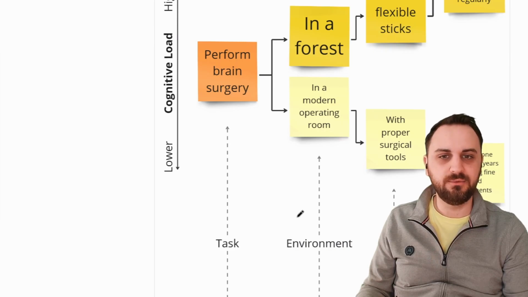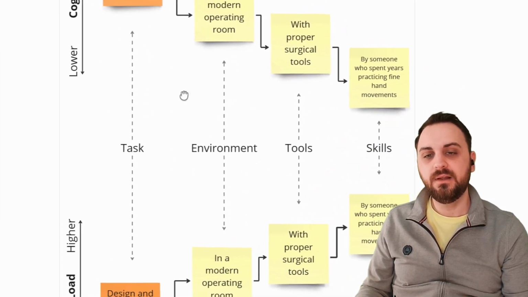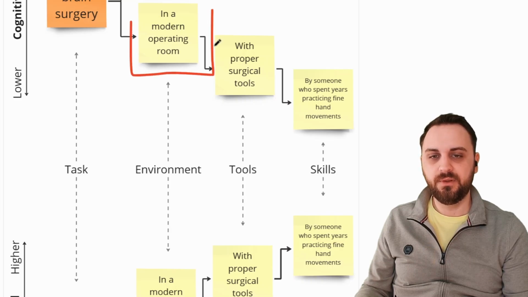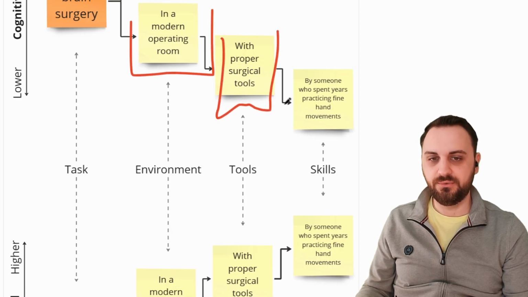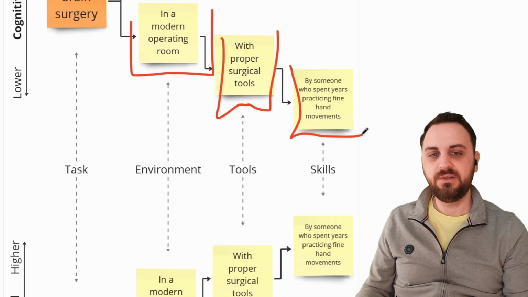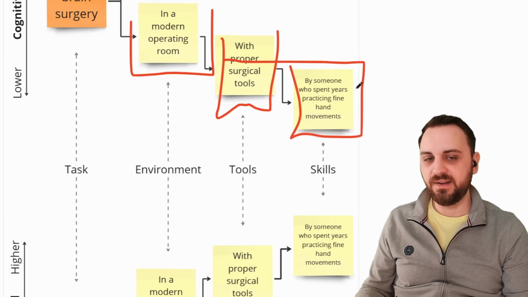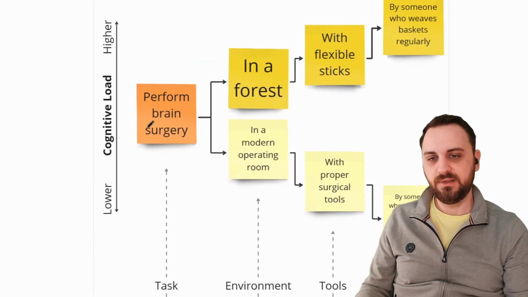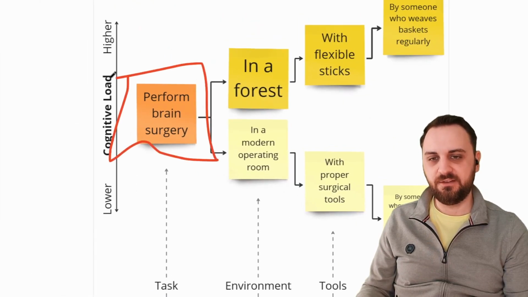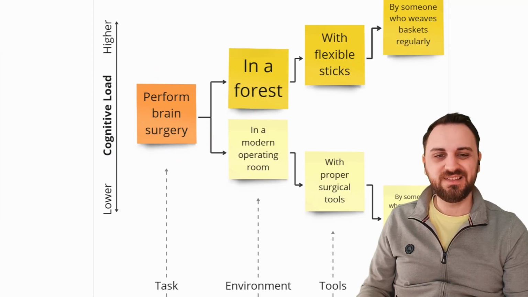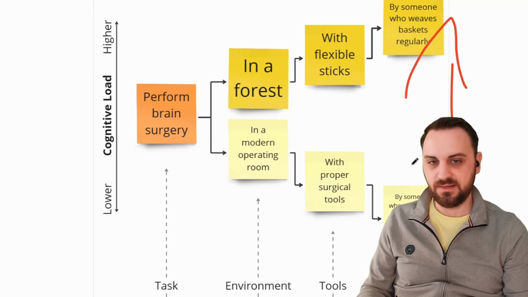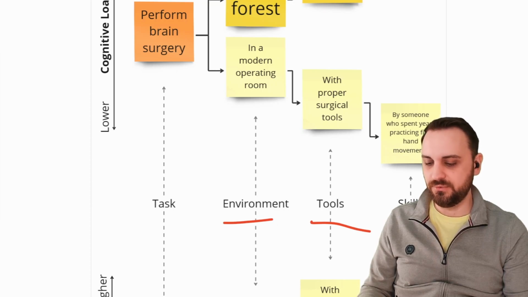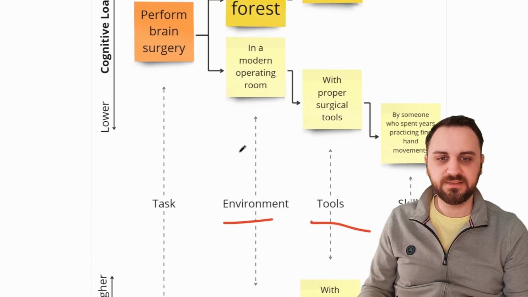In fact, so high you probably will fail, compared with somebody in a modern operating room with proper surgical tools, who has spent years practicing fine hand movements, right? The task itself, performing brain surgery, is increased in complexity by the environment, the tools, and the skills available to the person performing the task.